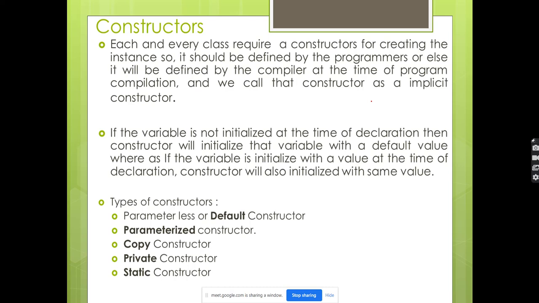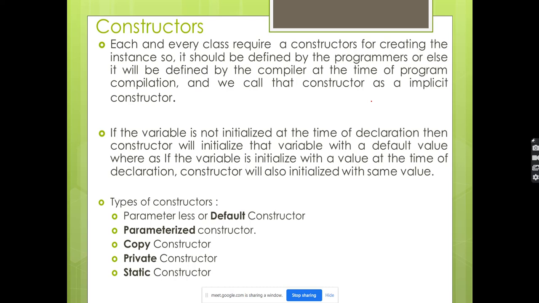Okay. Default constructor. It means that even if you are not mentioning it, when we have declared the class, as we saw in the previous session, we created a class but did not create a constructor. So who creates the constructor then?